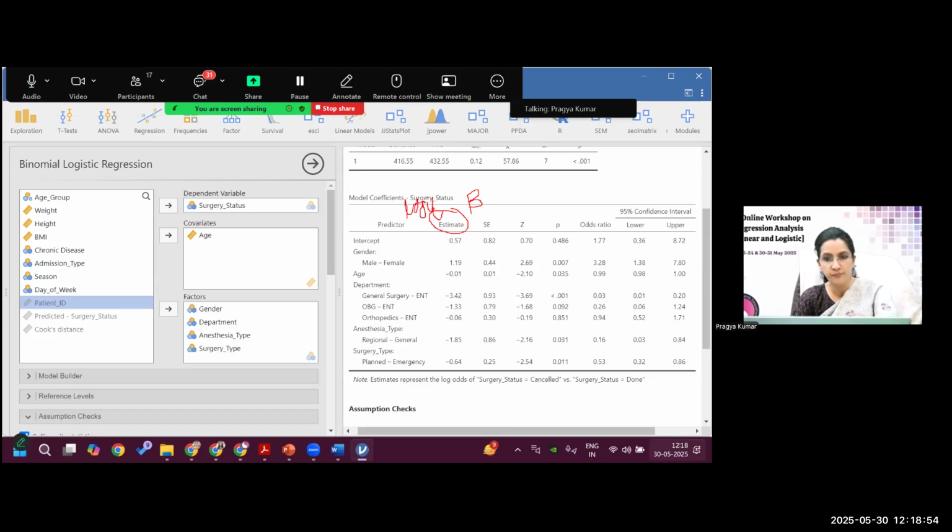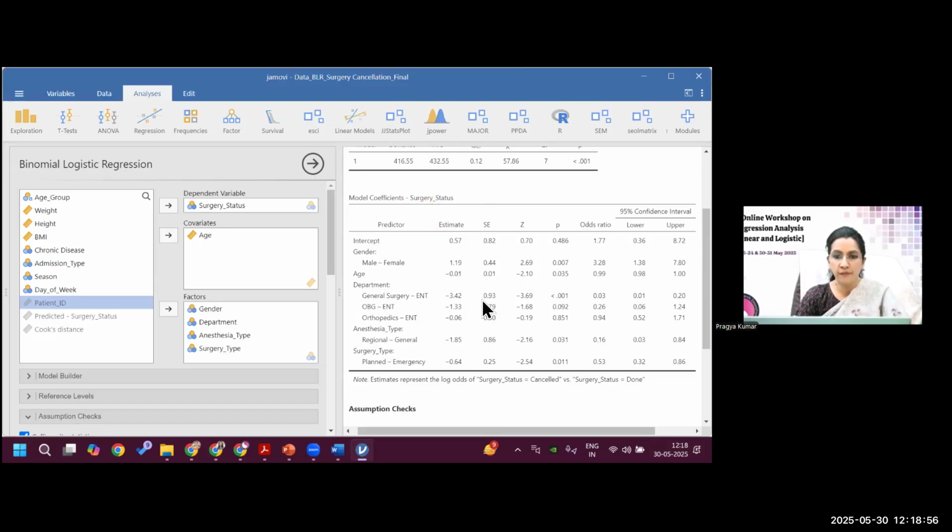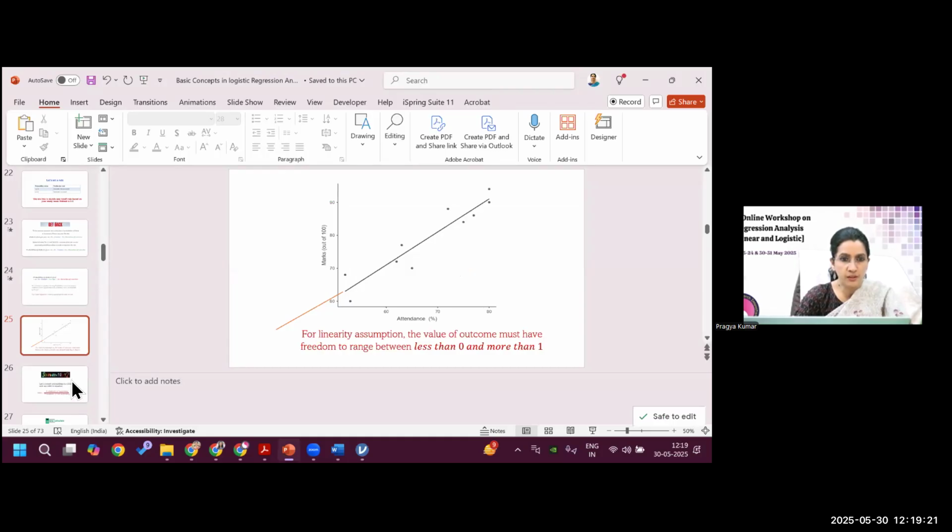If this is the logit, and I have to convert that into the odds ratio, this is the odds ratio. So 1.19 is my logit. This is my coefficient, and the coefficient is in the form of logit. Remember the equation? I will go to that slide where I have shown you that.